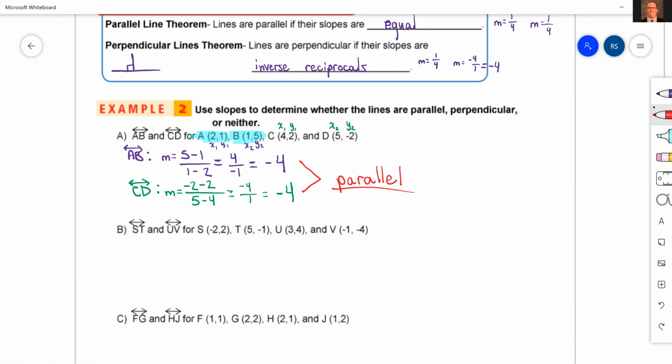Okay, let's look at B. They ask us about ST. So that means this is going to be x1, y1. T is going to be x2, y2.